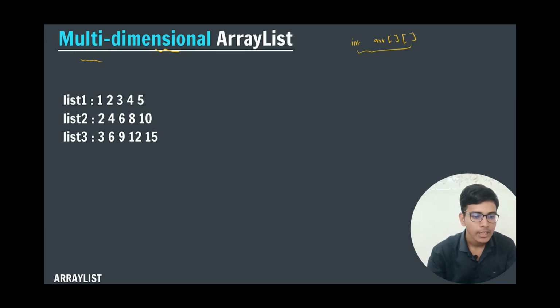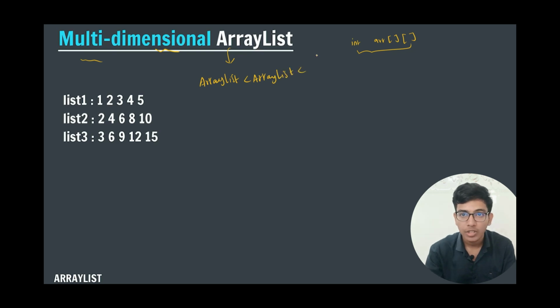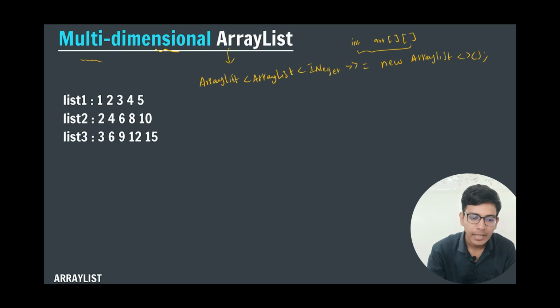So similarly, to declare a two-dimensional or n-dimensional array list, we will write first of all array list, and inside it, if we want to declare a two-dimensional array, we will write array list again, and then which data type or class we want to implement. Suppose we want to implement an integer type array list, then we will write Integer, is equal to new array list. That's all. So this is how we will implement a 2D array.